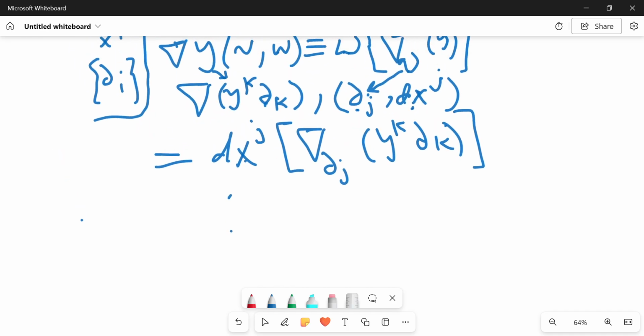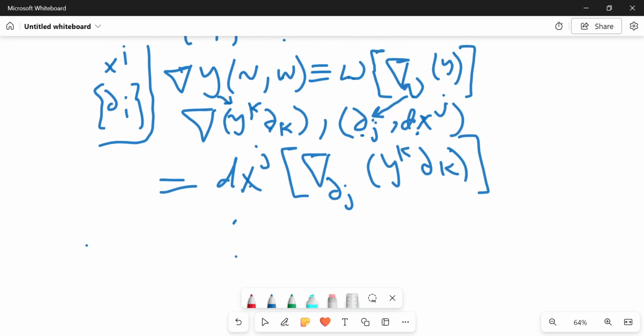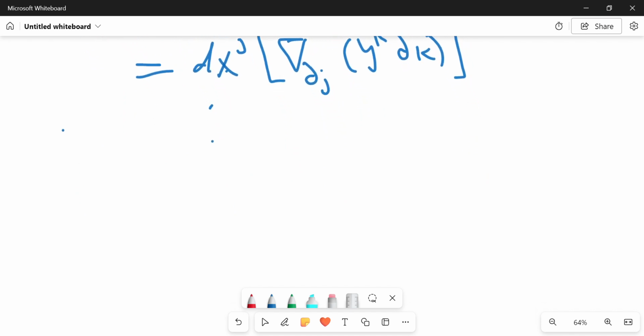So what is this? This is the covariant derivative, which we said is equal to dx^j. Get used to this one.